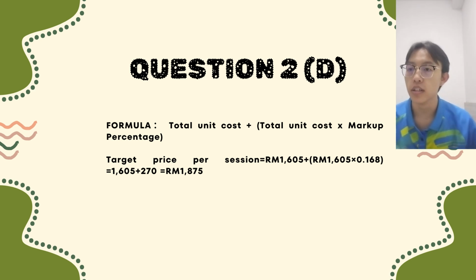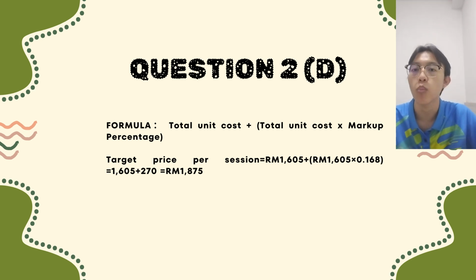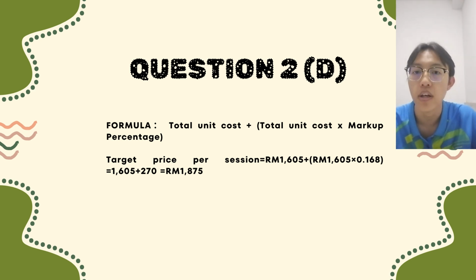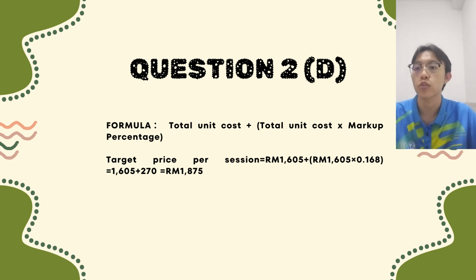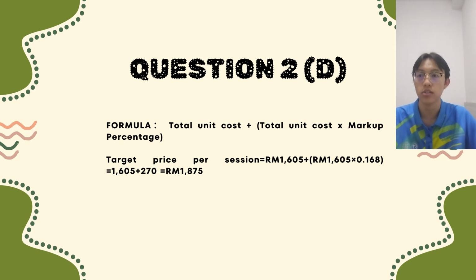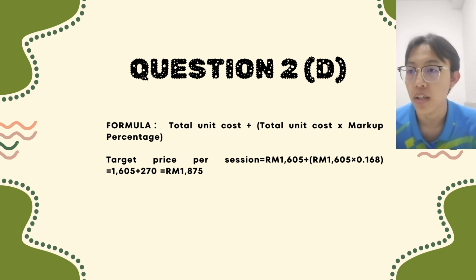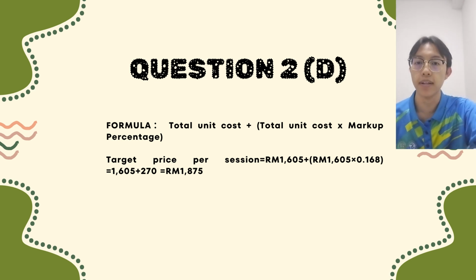So the target price per season is RM 1,605 plus RM 1,605 multiplied by 0.168, so we get about 270. Plus together with the 1,605, the answer is RM 1,875. That's all my part.